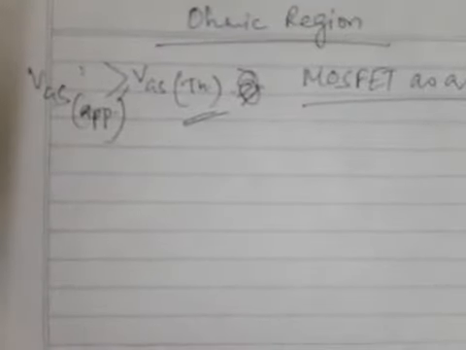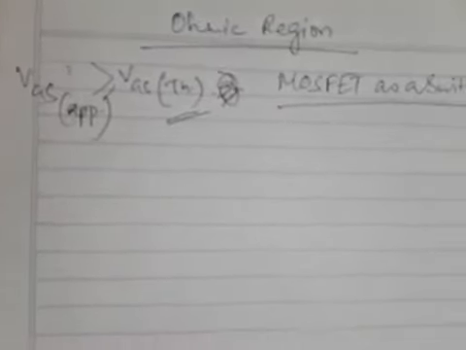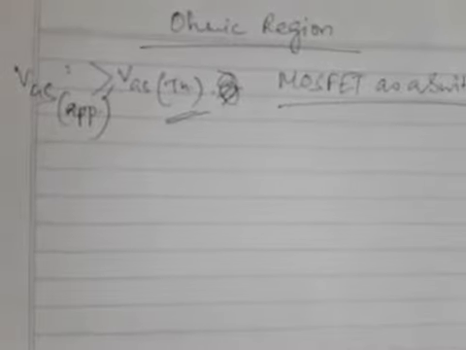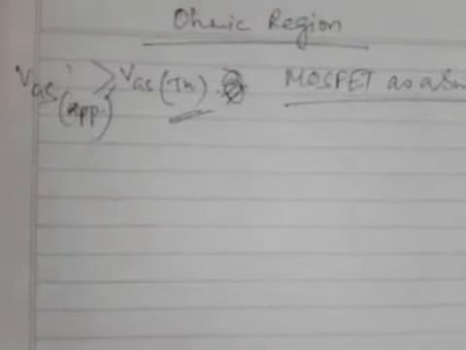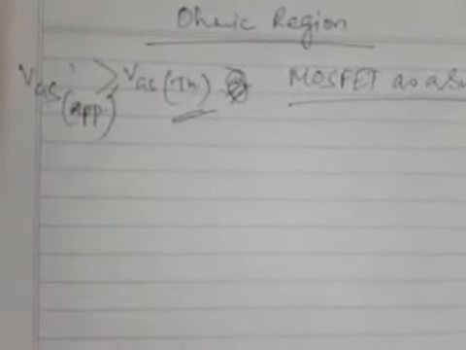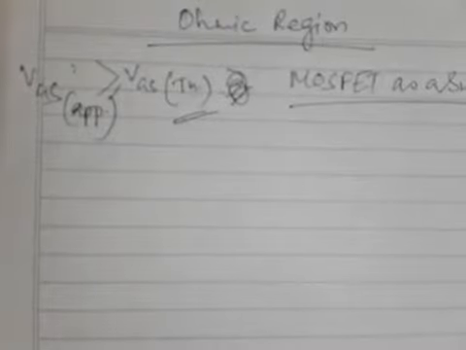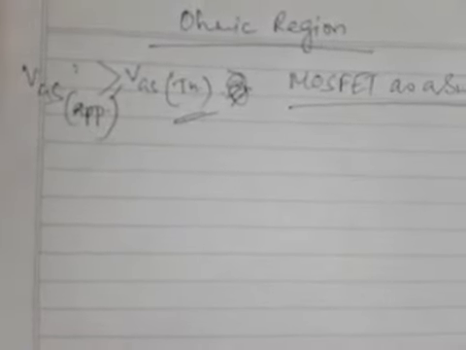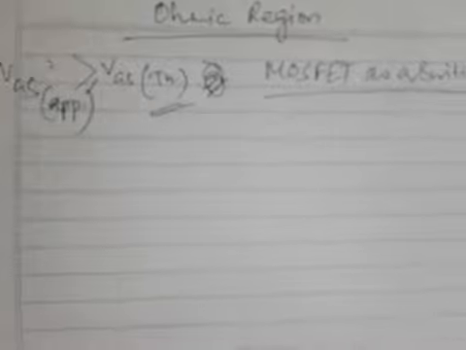Because of its primarily switching device action, the region of operation in the active area of the VI characteristics is very seldom used, but operation in the ohmic region is far more prominent for the MOSFET.